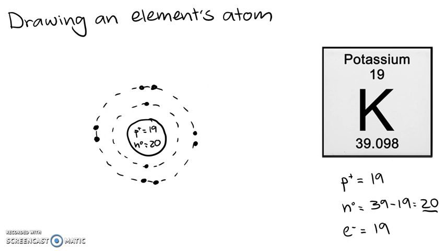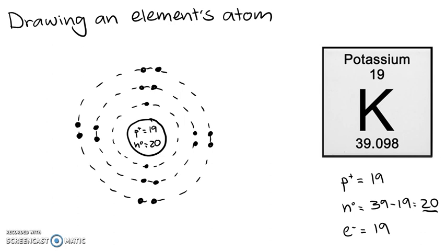Potassium still has more electrons than that, so again, we need to add another orbital. This orbital can also hold 8 electrons. 1, 2, 3, 4, 5, 6, 7, 8.